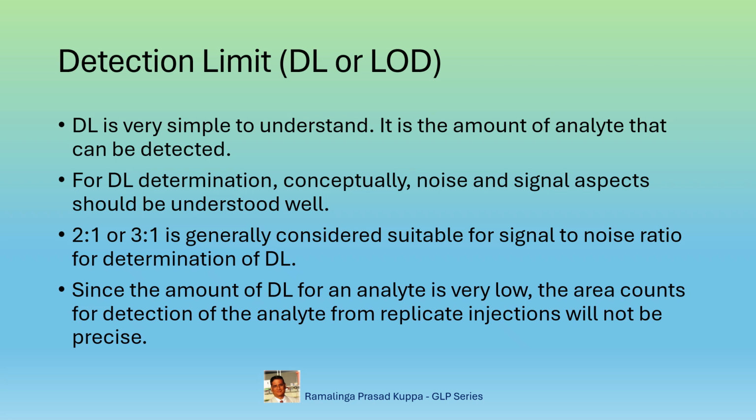For example, the difference between 1 and 2 is only 1 digit, but if you calculate statistically, the variation is 100% from 1 to 2. If the value is between 99 and 100, the variation is only 1%. So, since the variation at the detection limit is very high, it is not practical or possible to evaluate statistically with accuracy and precision.